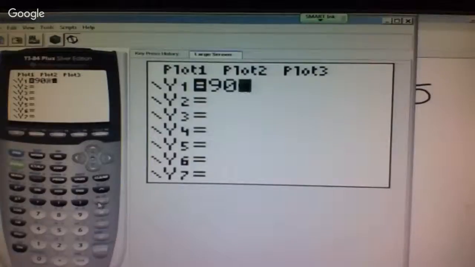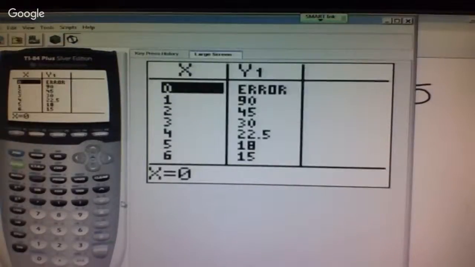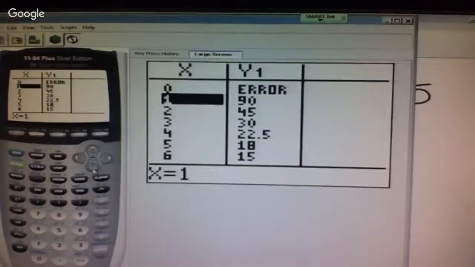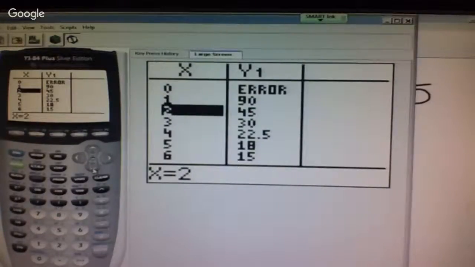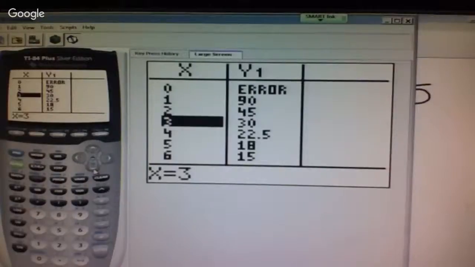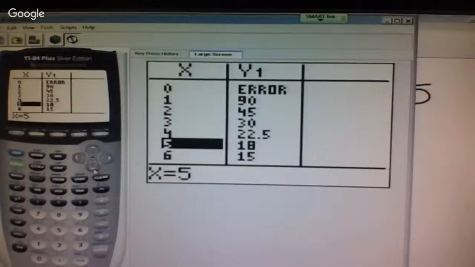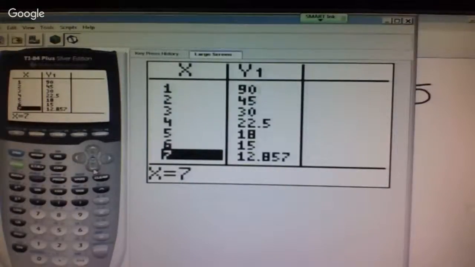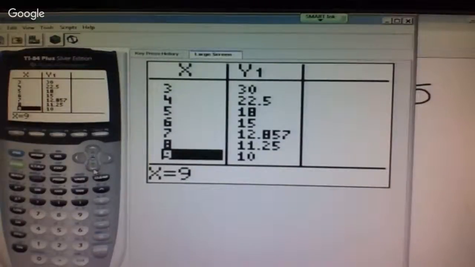If you do 90 divided by x and go to your table, I can get 1 times 90, 2 times 45, 3 times 30, 5 times 18, 6 times 15. We don't care about the decimals. And there's 9 times 10. So you can use your calculator to find the 2 numbers that are 1 space apart that multiply together to give you that number, if it's not obvious.